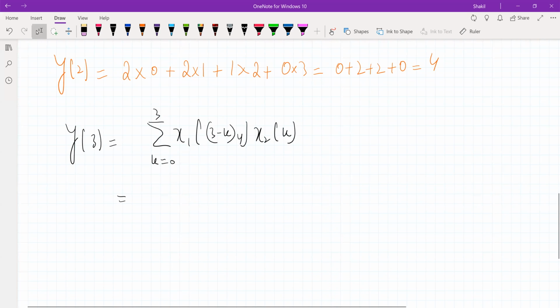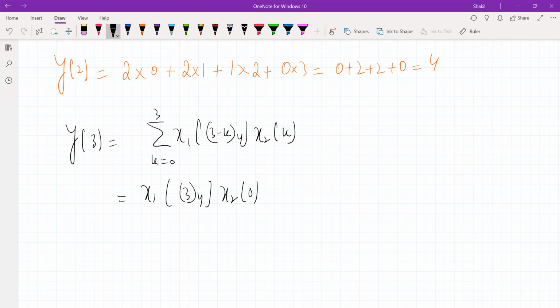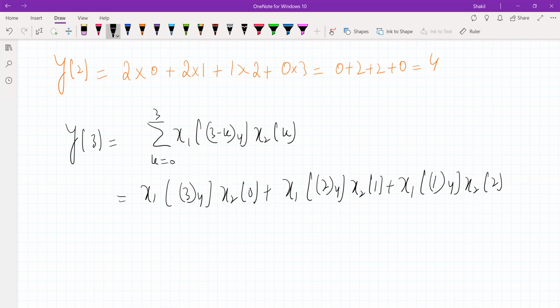So substituting the values of k, we get x1 of 3 modulo 4, x2 of 0, x1 of, when k is equal to 1, this will be 2 modulo 4, x2 of 1, x1 of 1 modulo 4, x2 of 2, plus x1 of 3 minus 3 will be 0 modulo 4, x2 of 3.